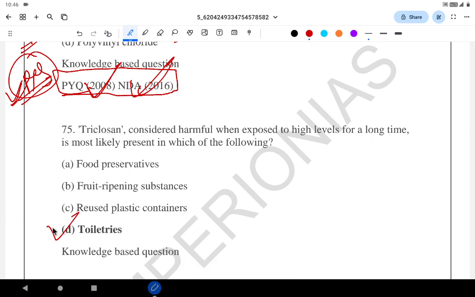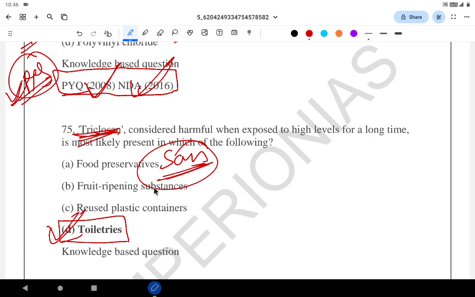It's an antimicrobial chemical, and the triclosan is even said to be a neurotoxin. Some people say even triclosan sanitary. That's not a correct way to use elimination. Either you know it or you don't know it. So triclosan is toiletries.